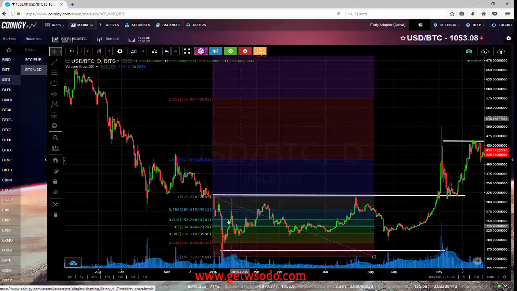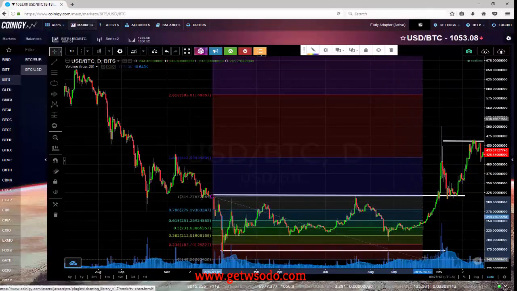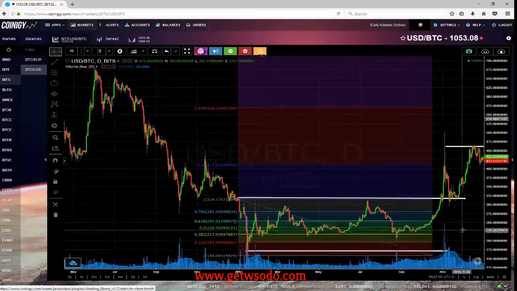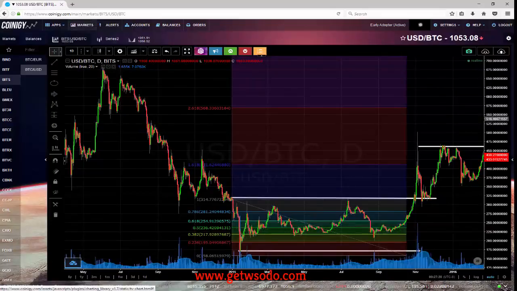The further down it goes, the more you buy. So that's one way of accumulating, right? Position sizing through cost averaging down. You can do this on altcoins. So let me show you an example with an altcoin.